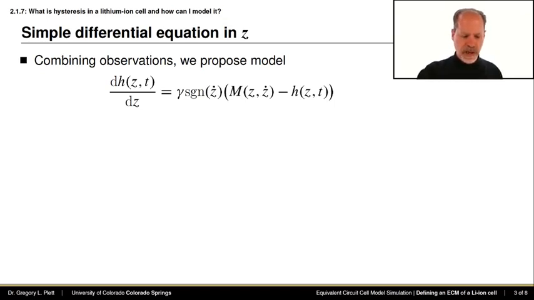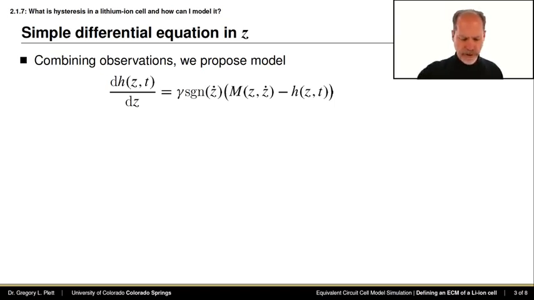It says that the amount that hysteresis changes for every amount that state of charge changes, so this is not H dot, notice, this is not the change in hysteresis versus time, but the change in hysteresis when state of charge changes, is equal to a gamma parameter value times the sign of Z dot, so which way I'm going, am I charging or discharging, times M minus H, where H is the actual amount of hysteresis.